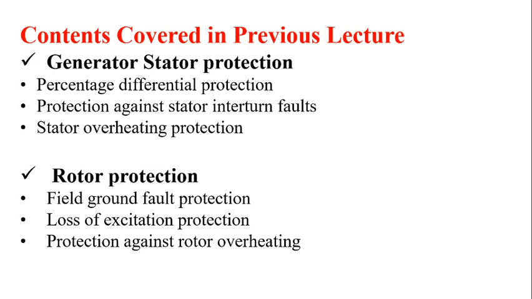To avoid this condition, in the schematic arrangement we discussed for field ground, a DC voltage is impressed between the field and the ground. Under normal conditions, no current flows through the relay. Under faulty conditions, current flows through the relay, hence the relay gets energized.